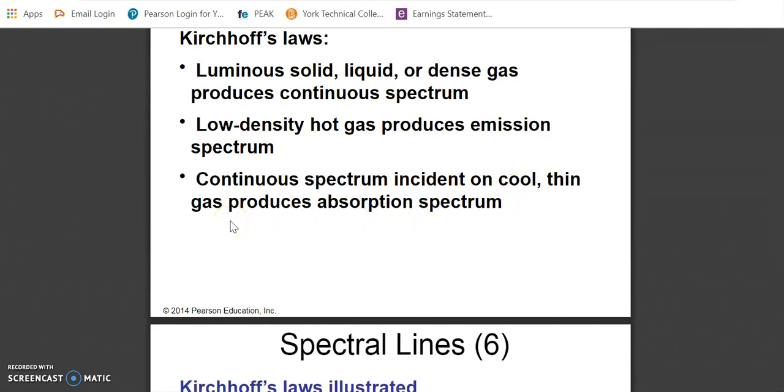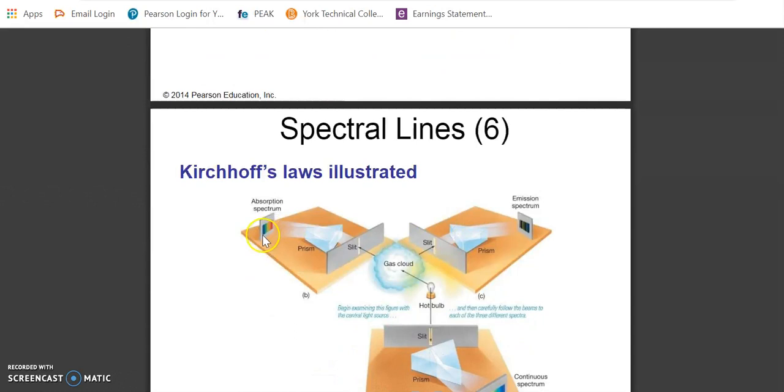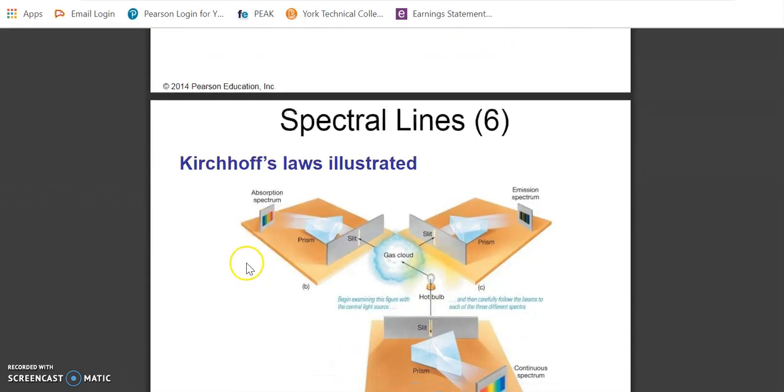That depends on what you call dense and what you call very thin or very low density gas. Anyhow, if you do that, you get what's called an absorption spectrum. If the gas is low density enough, you'll get an absorption spectrum, basically. So that's the idea of Kirchhoff's laws.